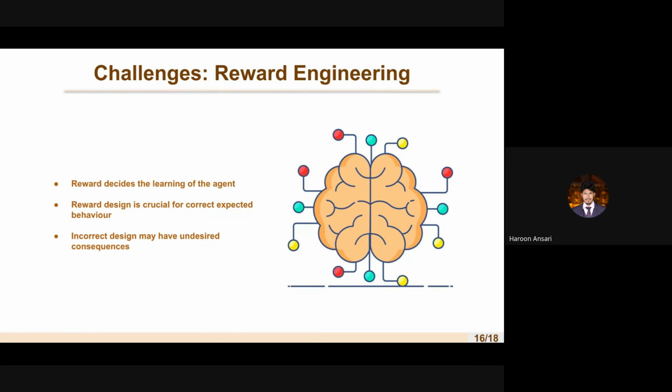Let's say when we take out the opponent's piece, we give a positive reward, and if it loses its piece, we give it a negative reward. Now this is not a very good reward function, because it will keep focusing not on winning the game, but on taking out the opponent's pieces.